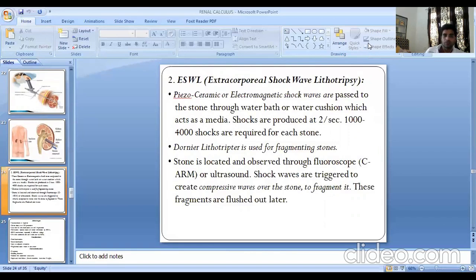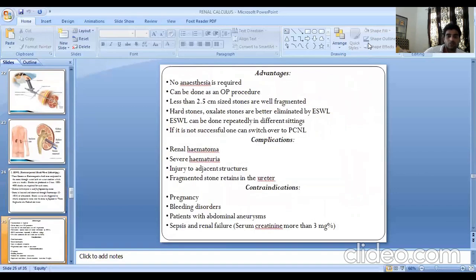Dornier lithotripsy is used for fragmenting stones. The stone is located and observed through fluoroscope or ultrasound. Shock waves are triggered to create compressive waves over the stone to fragment it. These fragments are flushed out later.